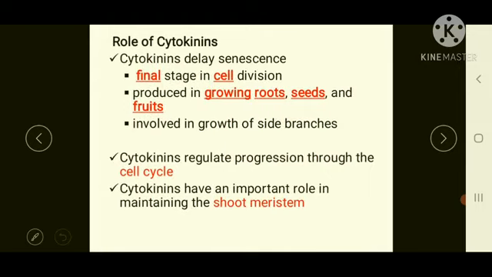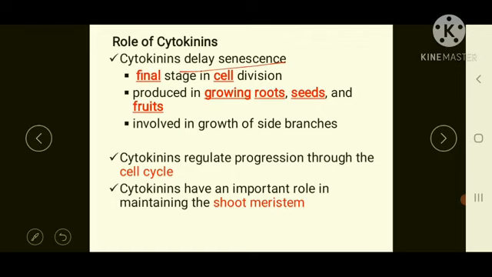Let us see the role of cytokinins. Cytokinins delay senescence, unlike ethylene, which hastens or stimulates plant senescence. The role of cytokinin is to delay the senescence of the plant, because senescence is the final stage after cell division.